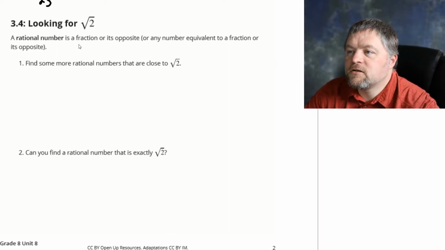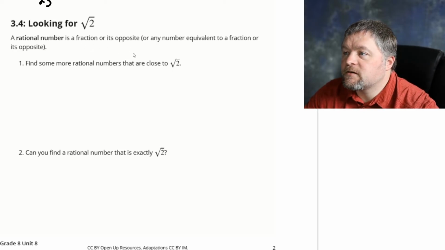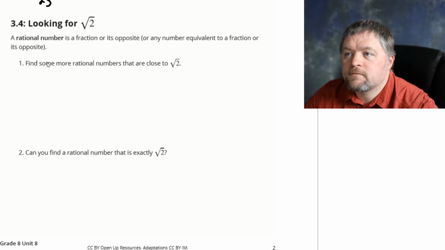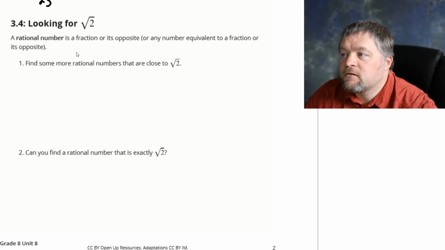A rational number is a fraction or its opposite, or any number equivalent to a fraction or its opposite. So, a rational number is a number that can be written as a fraction.